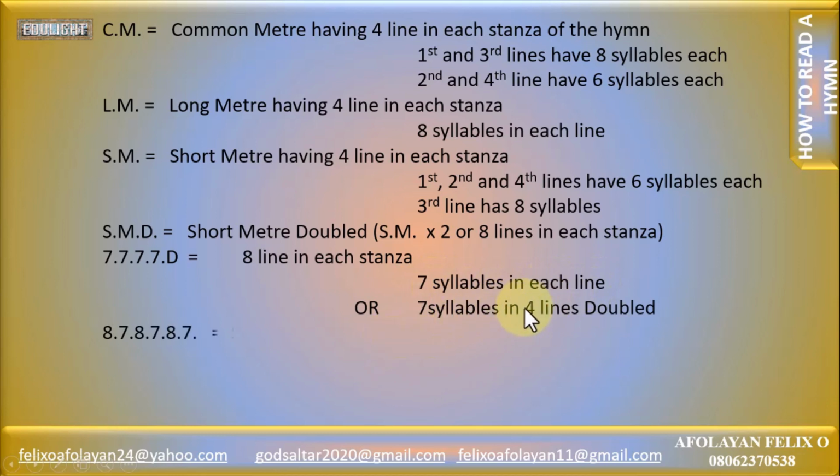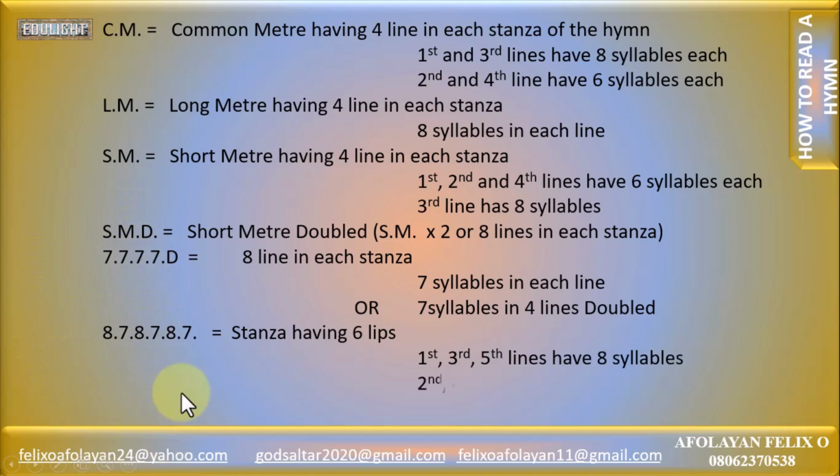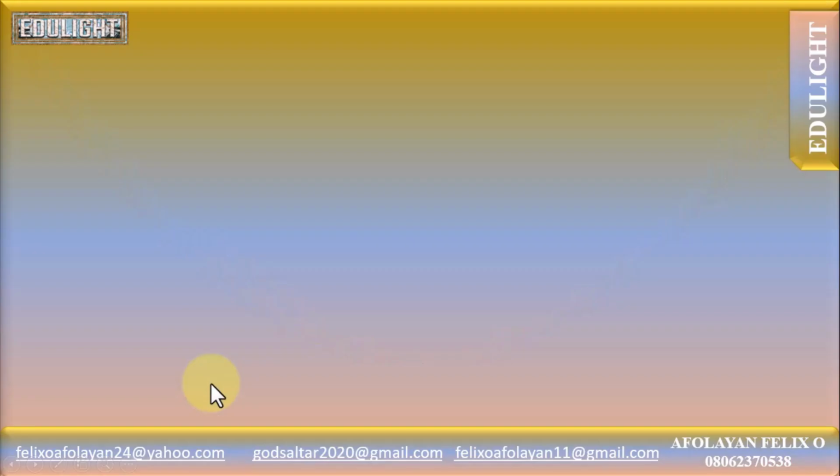And on and on like that, you can see symbols like this, and you can have hymns that have the same syllables. You can use the tune of a hymn that has a similar syllable pattern. This will be at the back of my hymn book. So thank you and God bless.